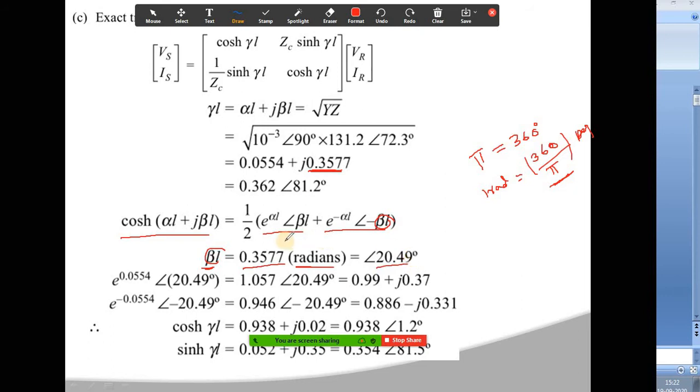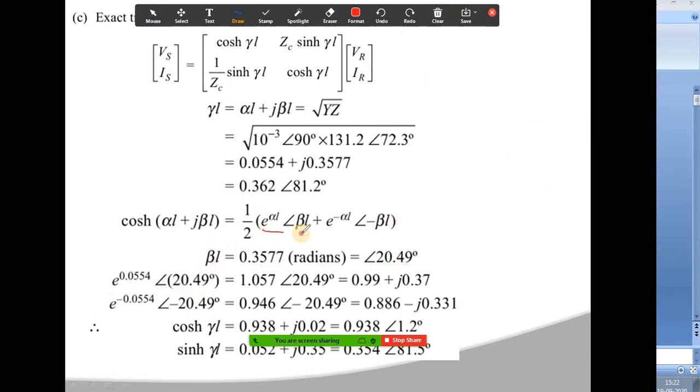Now you calculate e power alpha L. Alpha L here is 0.0554, e power 0.0554 at an angle of beta L, which is 20.49 degrees. The first term, e power alpha L at an angle of beta L, is e power 0.0554 at an angle of 20.49 degrees.